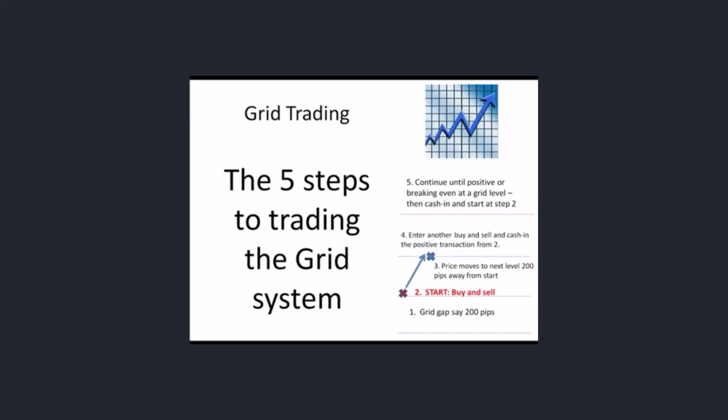Then continue until all the transactions that you have entered into are positive or breaking even at a grid level. Once that happens, you cash it all in and you start all over again. It'll all start making sense once we go through a couple of examples, but that essentially is the recipe to trade the grid system.